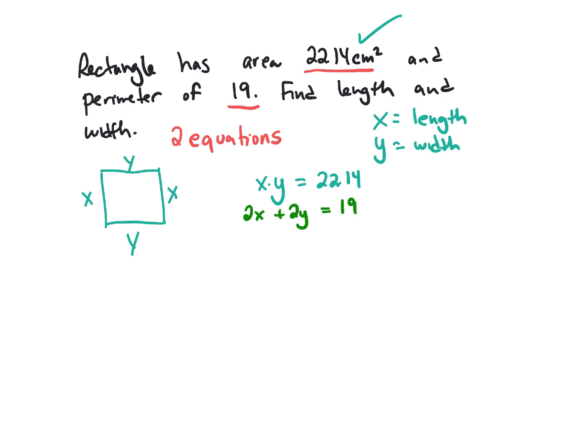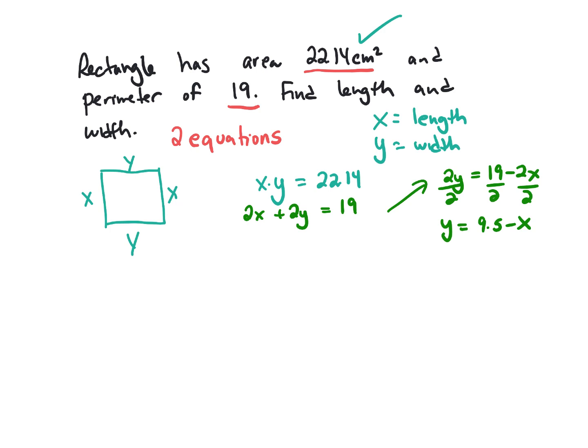So now we have to solve this simultaneously. The easiest way for this one probably is substitution, because I can take this perimeter equation and solve it for y. So I can get 2y equals 19 minus 2x, divide everything by 2. So y is going to be 9.5 minus x.